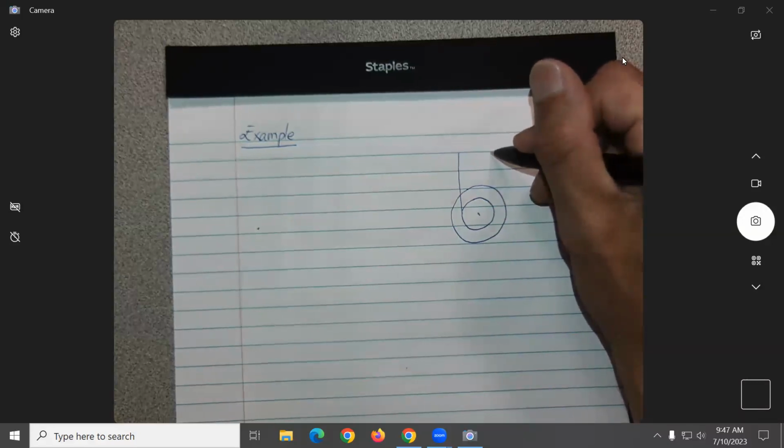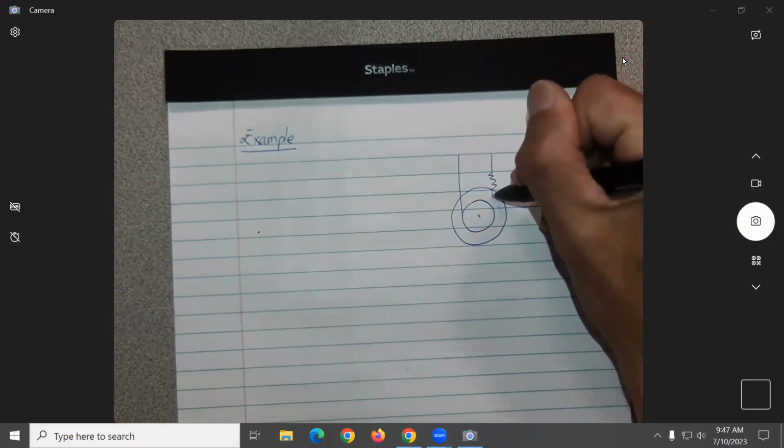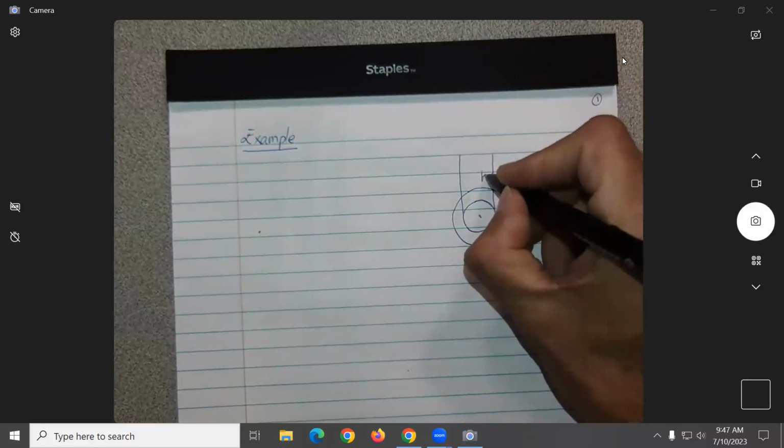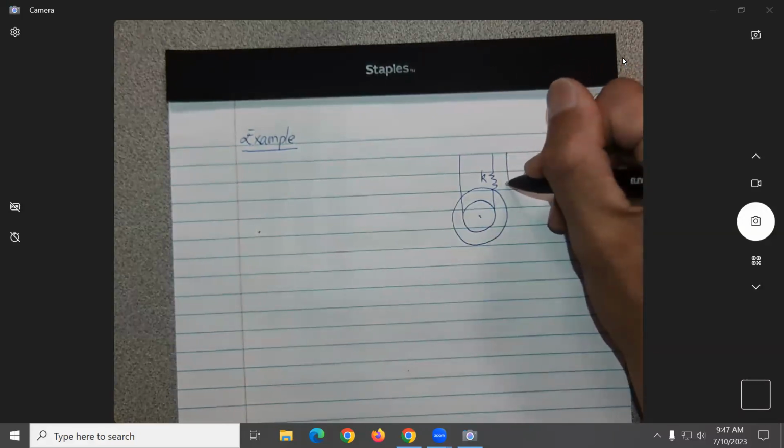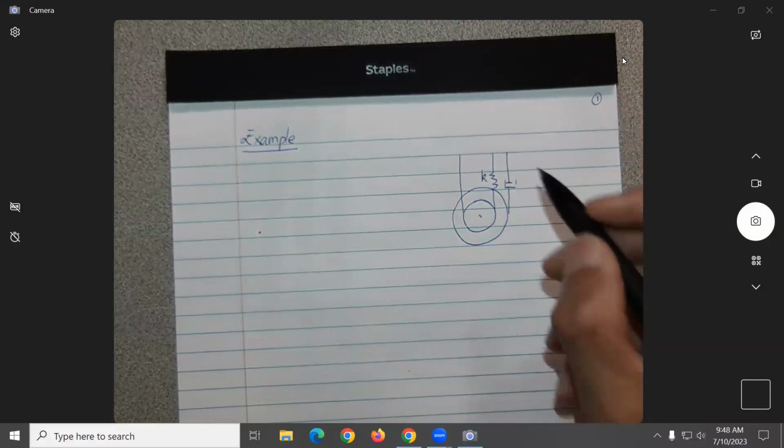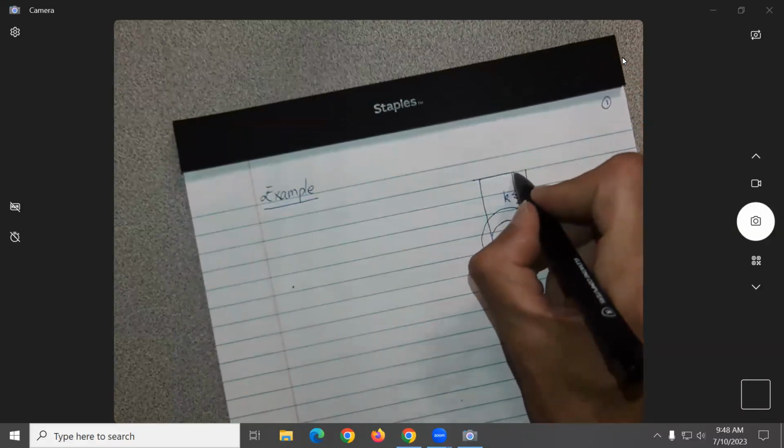I don't know how this is possible, but this is the example that I have. There will be a spring K over here, and then on the outside here, there's a damper C.